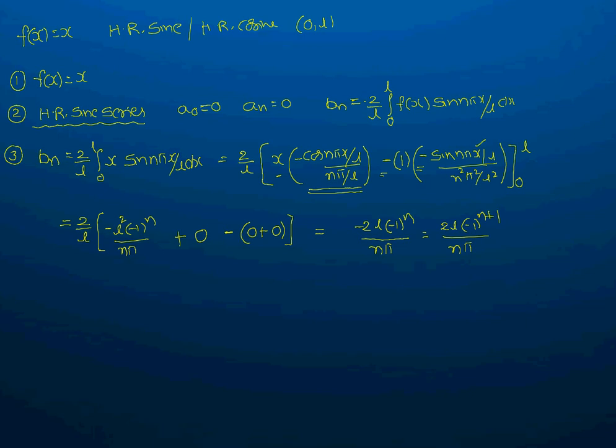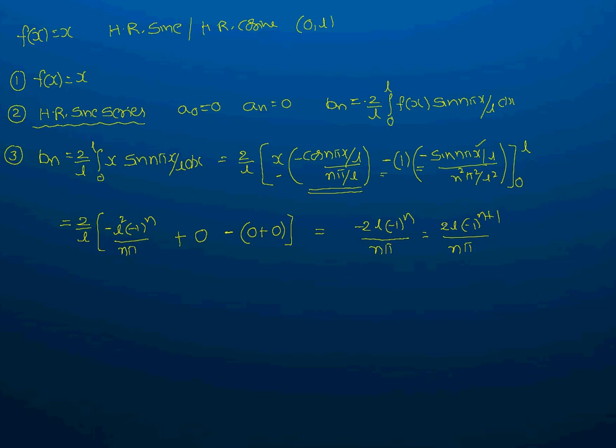So this is the answer. This is the value of the Bn. So how you got the Bn value means, this is the value of Bn. Bn is equal to 2L into minus 1 whole power n plus 1 by n pi.